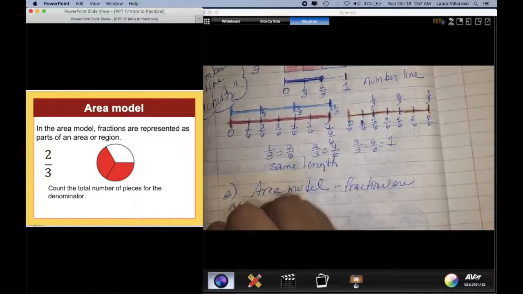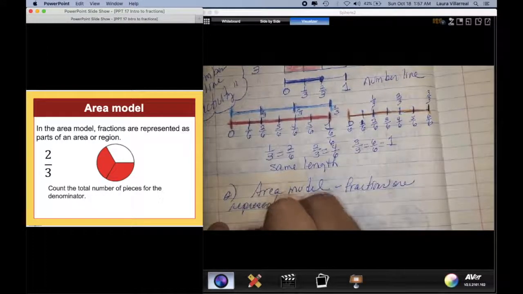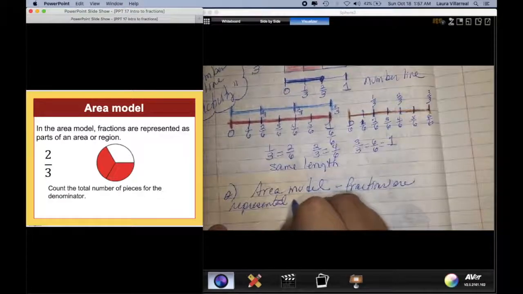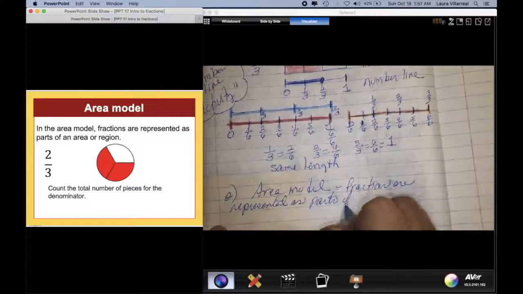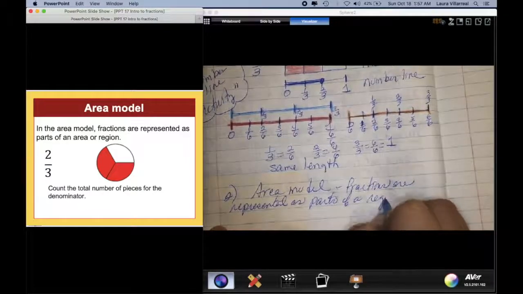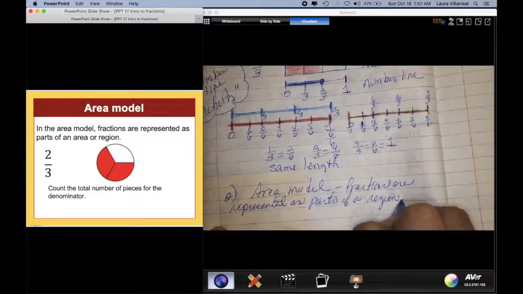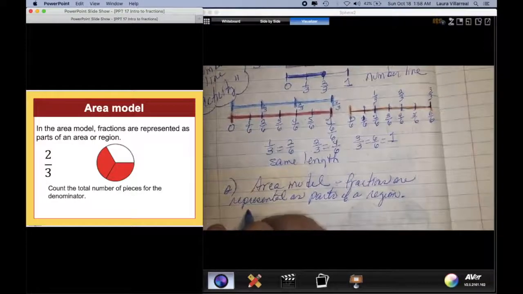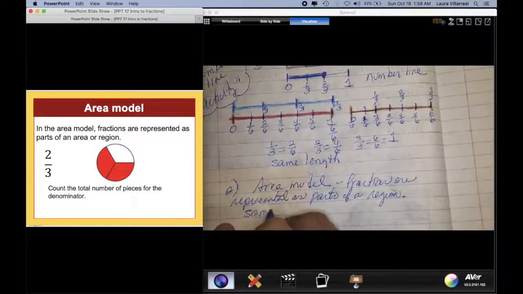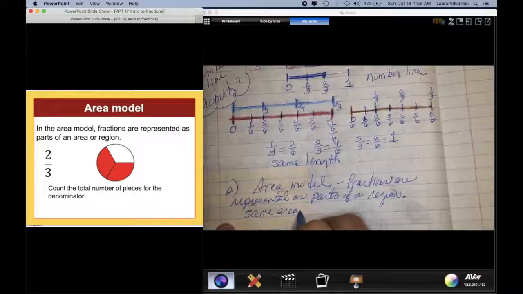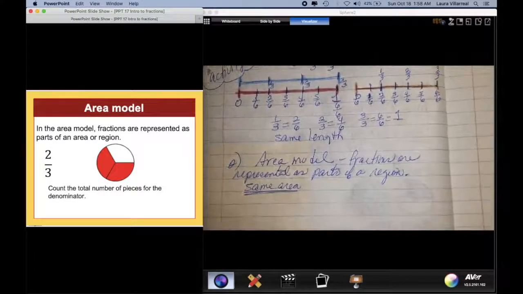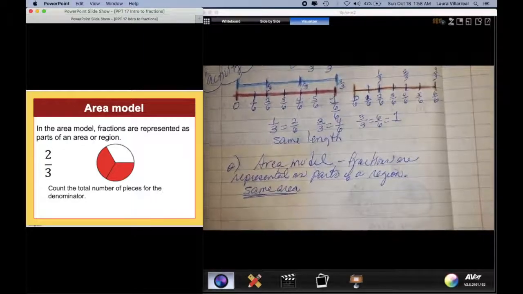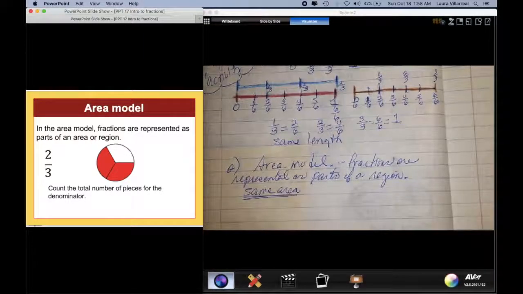Fractions are represented as parts of a region. They have to have the same area. So if you're drawing circles, then you would have to make sure.